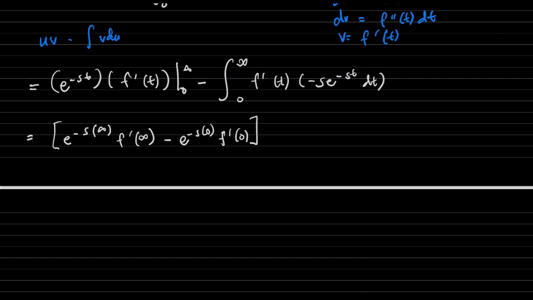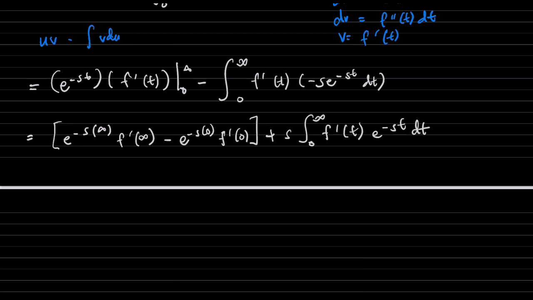Yan, square bracket just to denote na ito yung unang term. So minus, so katulad ng ginawa natin kanina, pwede natin ilabas yung s and i-multiply doon sa negative sign sa labas ng integral. So plus s, and this is f prime of t e raised to negative st dt from 0 to infinity.